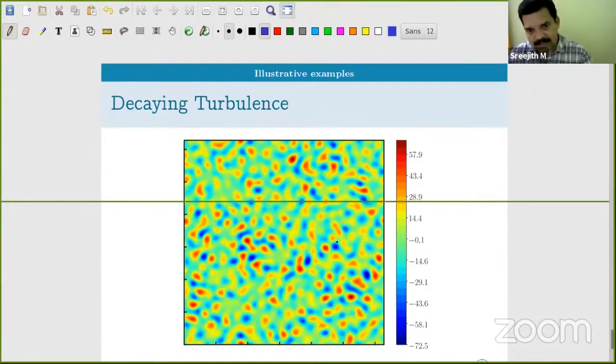You can see that vortex merging is the predominant phenomenon. Vortex interactions are the predominant phenomenon in the decaying turbulence problem. So you can see the animations here for this also.